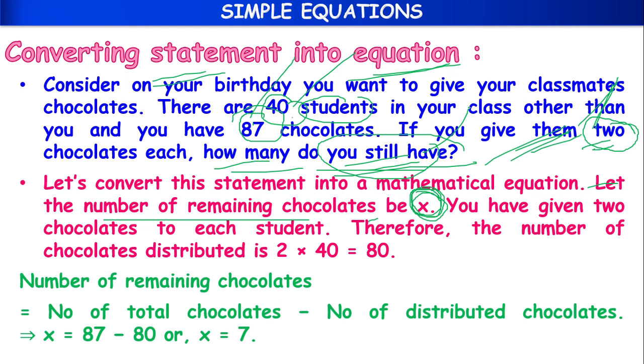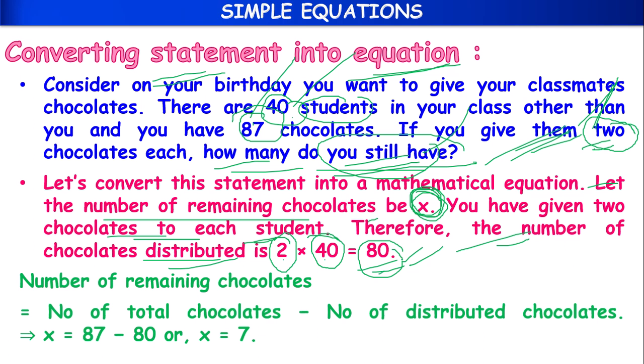Then you have given 2 chocolates to each. Therefore, the number of chocolates distributed: you have given 2 chocolates to each of the 40 students apart from you. So 2 into 40, 80 chocolates given by you in total.